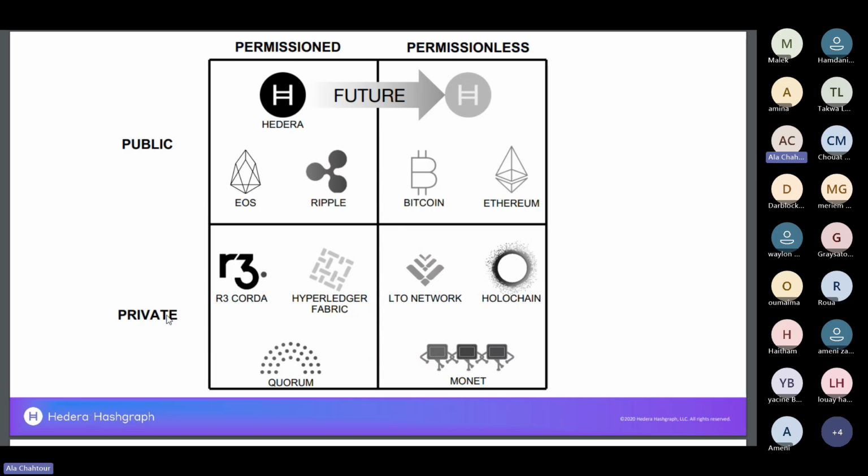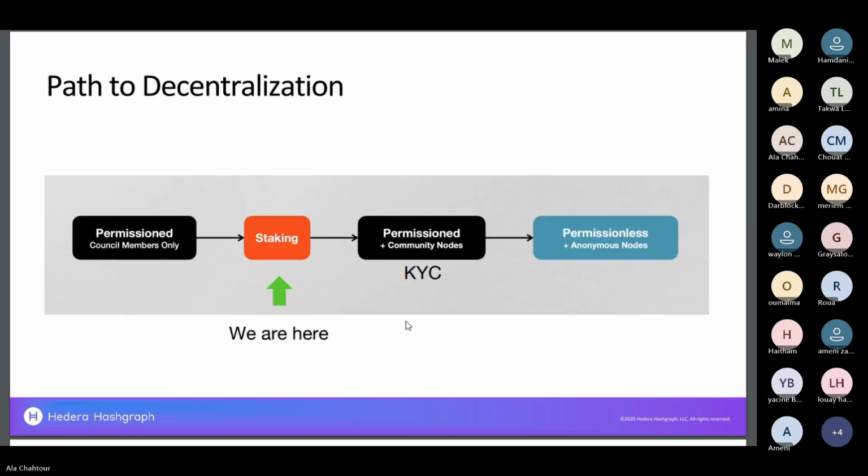Also there are private permissioned networks, like Hyperledger, as I told you before. For private and permissionless, we can say Holochain and Money are among the leaders in that part. Hedera is now at the staking stage, so everyone can stake their tokens on Hedera.